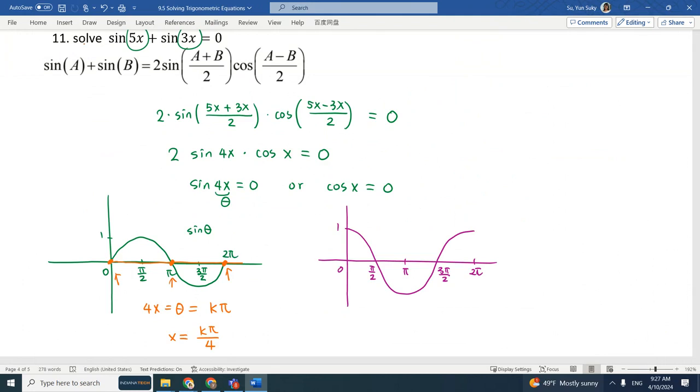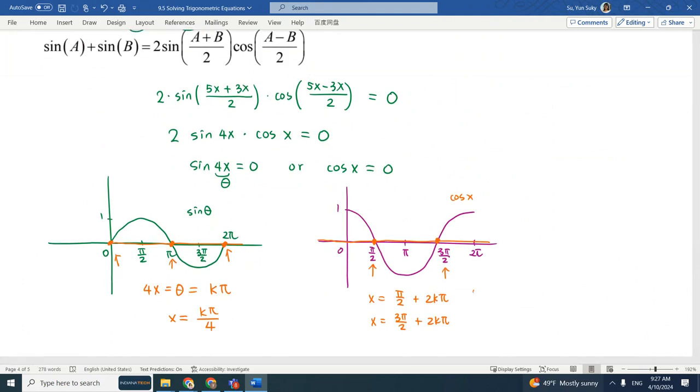Okay, so cosine x is 0. So this is cosine x equals 0. Do you see? Yes, we got x is pi over 2 or 3 pi over 2. And then for all solutions, you can add 2k pi.